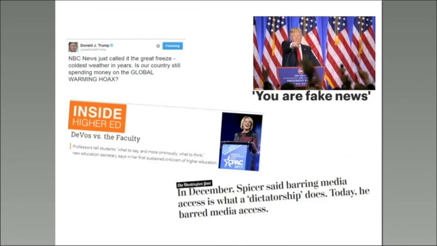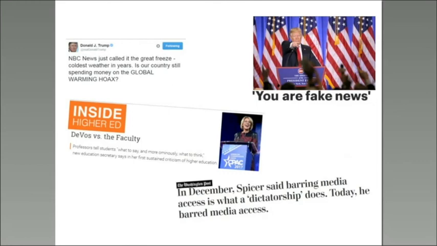And I think it's fair to say that the attacks that we're seeing on academic freedom and on higher education seem to be part of a larger pattern of attacks on science, on the free press, and on others who produce knowledge.